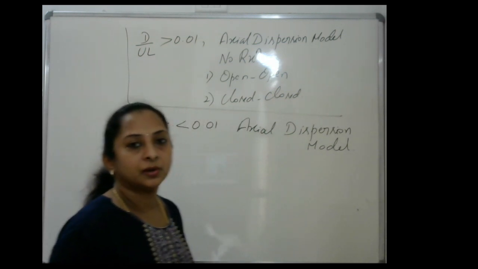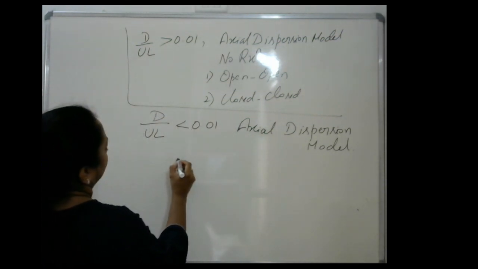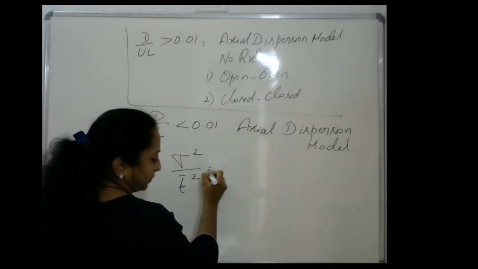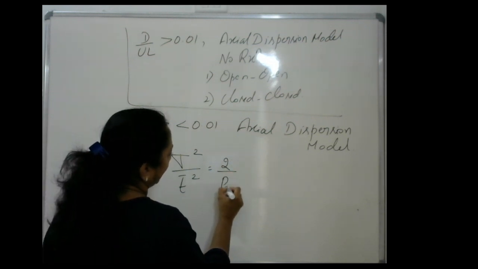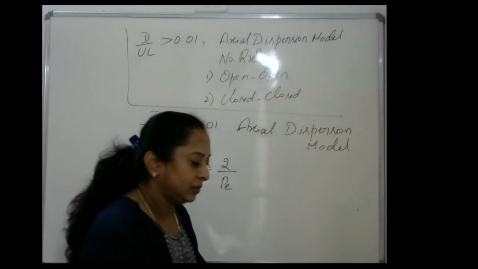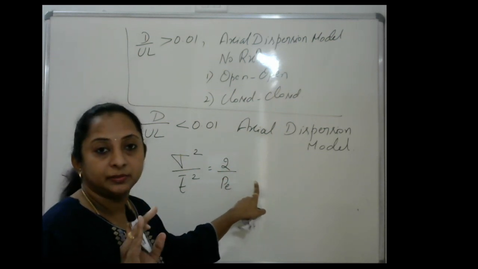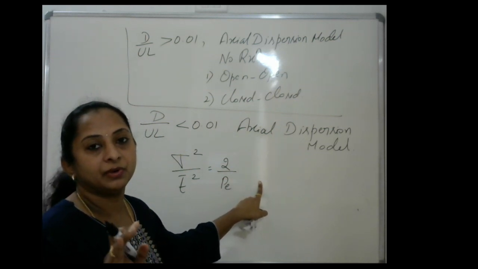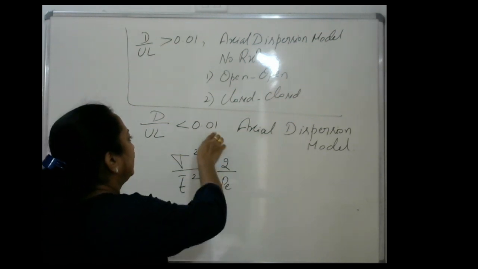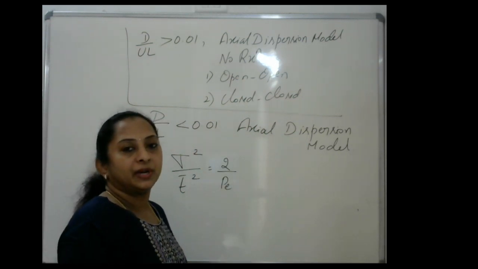There is an equation: sigma square by T bar square equals 2 by P, the Peclet number. The dispersion will not show much effect here; that is the meaning, as the dispersion is very less.